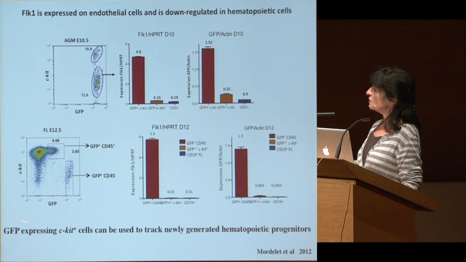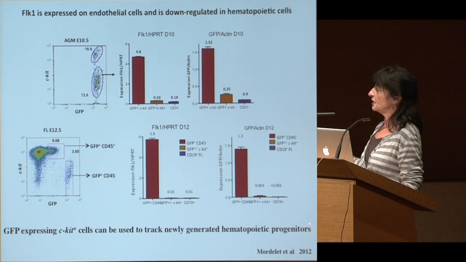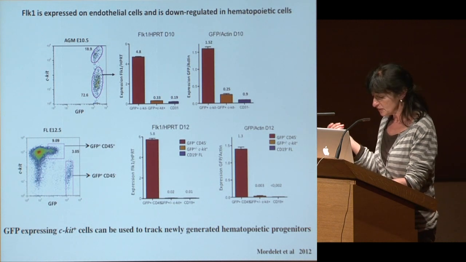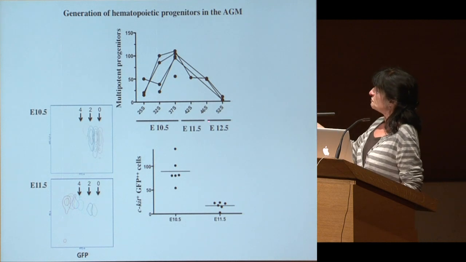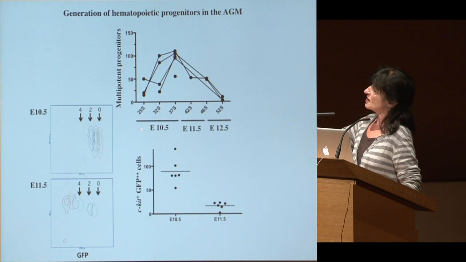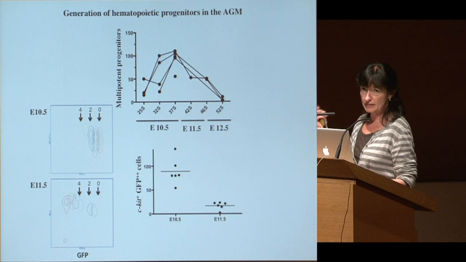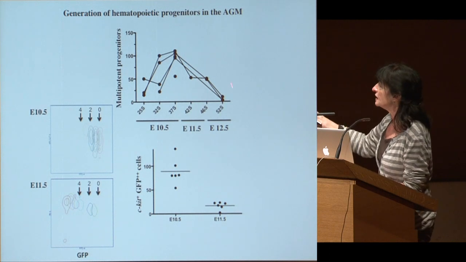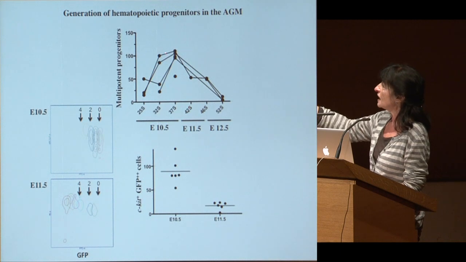So the conclusion we took out of this was that GFP expression in c-KIT positive cells could be used to track newly generating hematopoietic progenitors. And so we decided to go and find out where those cells were. So first of all, we can start to detect those cells by the stage of 25 somites. That's pretty early, like day 9.5, early day 10. They increase, have a peak at around day 10.5, and then decrease by day 12.5.